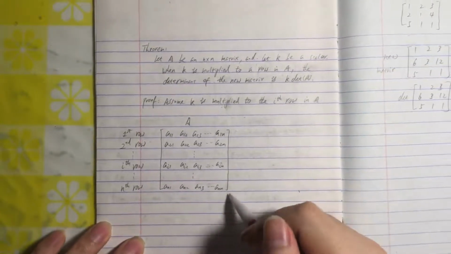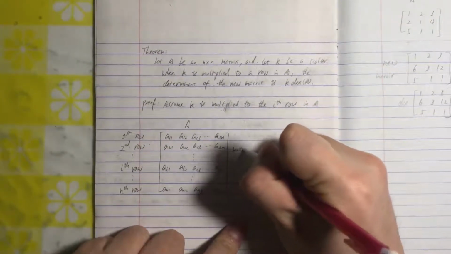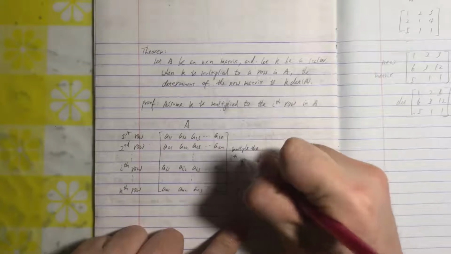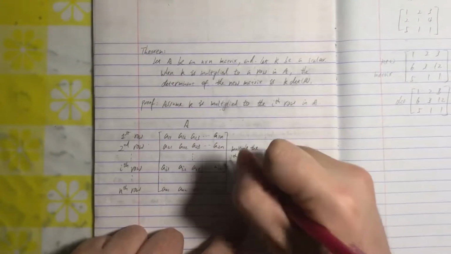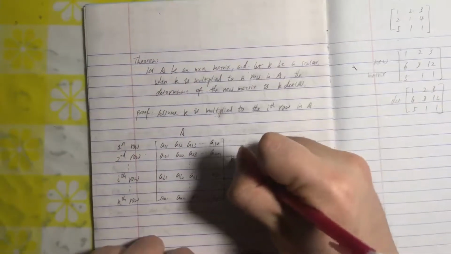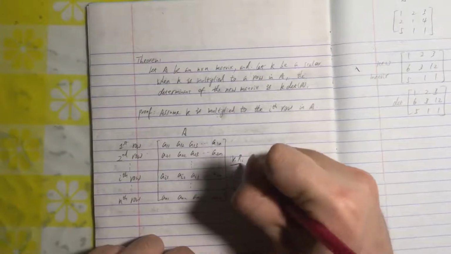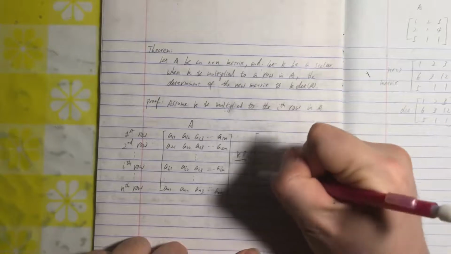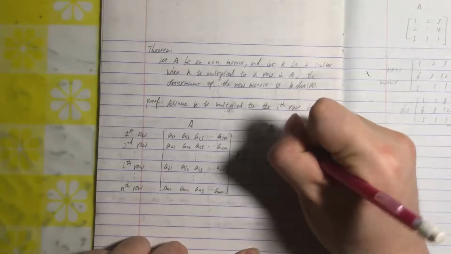Next, if I multiply the ith row by K, K times Ri, I get a new matrix.